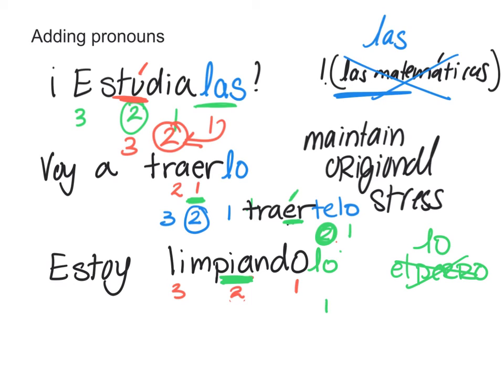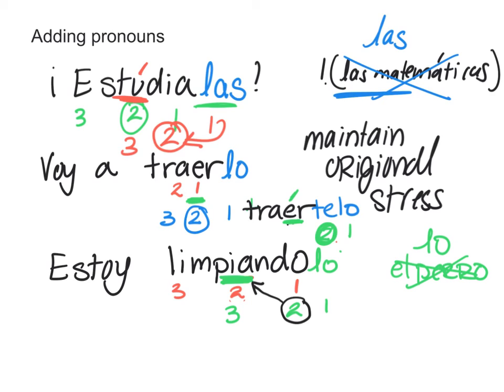Now, lo is the last, the O is the second to last, and this guy right here is the third to last. So our rule says stress should be here, but we remember that the stress was there, and we're going to keep it there. So we have to accent our stress-breaking syllable, okay?